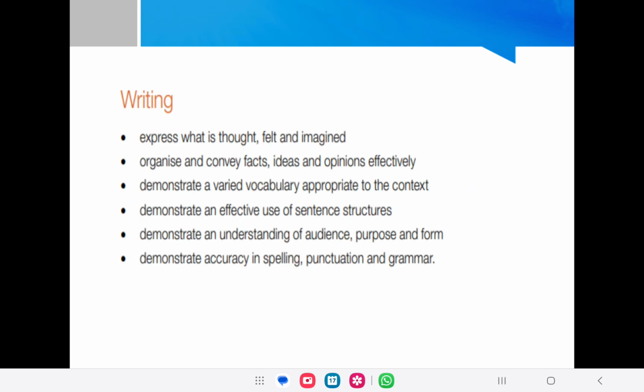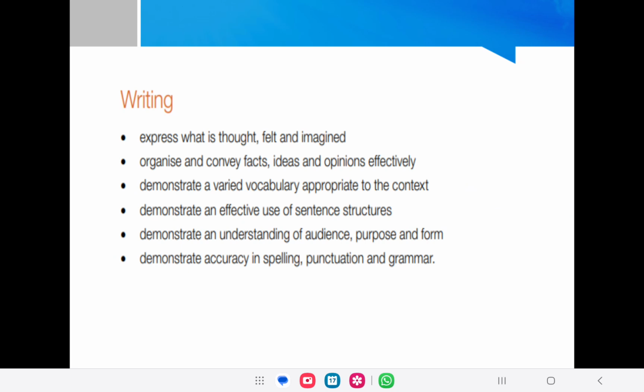Now let's move forward. In writing paper, basically what is expected of you: express what is thought, felt and imagined. We have already discussed. Organize and convey facts, ideas and opinions effectively. Demonstrate a varied vocabulary appropriate to the context.